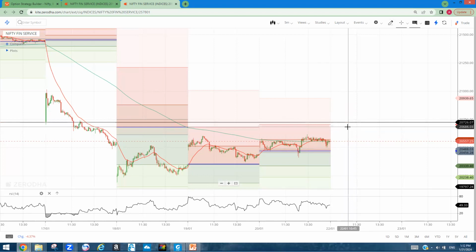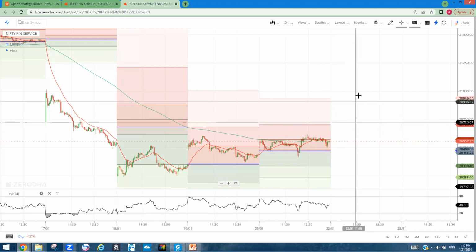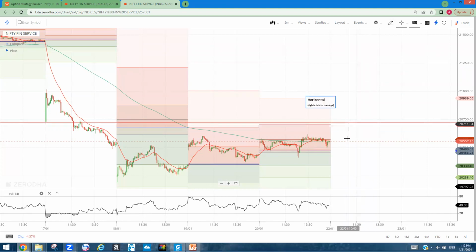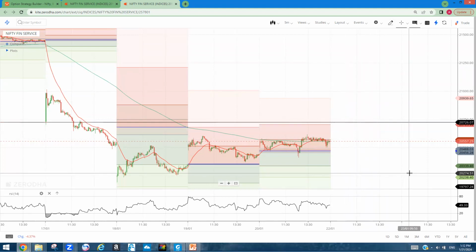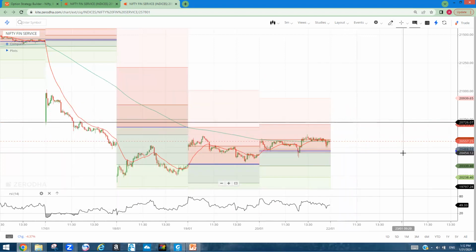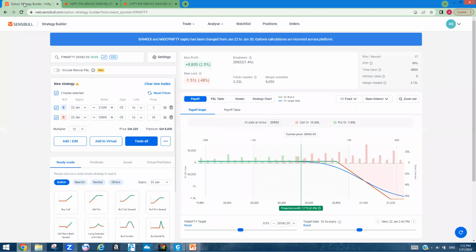I don't think the market is going to go up and recover all the losses on Tuesday. There is no such fundamental hint as of now, except for ICICI Bank's result, which might take Bank Nifty a bit higher. But still, there is weakness. If you see the open interest, there is not much put writing here, and not much call writing.